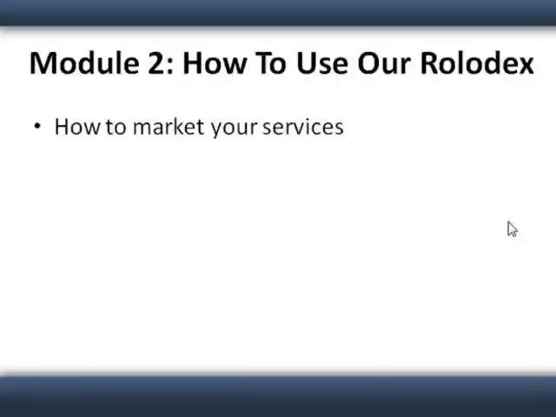Basically, this is going to be a very simple process. A lot of you have already started marketing your services and are already getting clients looking for deals, and that's great. Well, we're going to give you a few more ideas that you can do to build up your services and get a lot of referrals for your business.